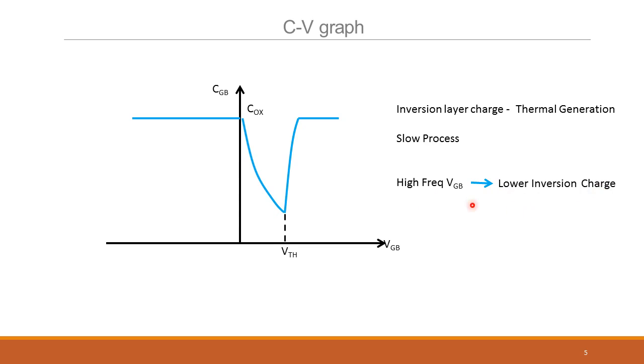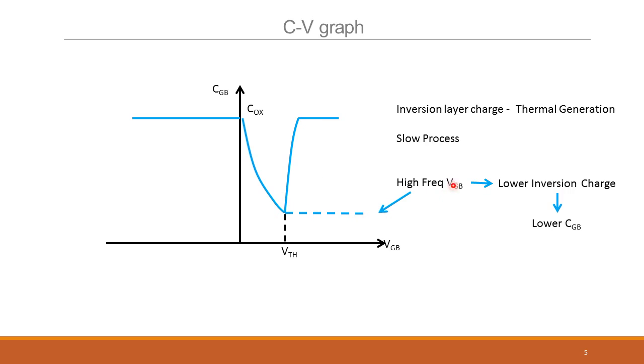So if you change VGB faster than what the thermal generation can accomplish, then the inversion layer charge change will not follow the VGB change, which means dQinversion to dVGB will be lower, which means lower CGB. So if you do a high frequency VGB, then this curve which recovered back to Cox will not be true, but it will remain at a lower value.